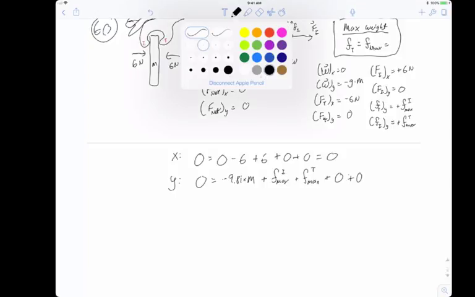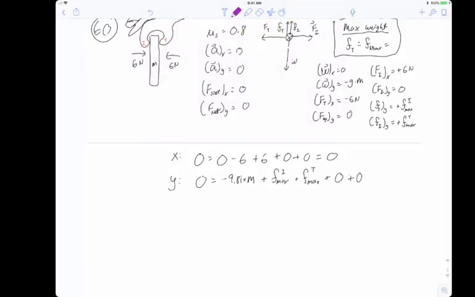Okay, so here's the fun part. The maximum amount of friction force is going to be the pressing force, which is 6, times 0.8, the static friction coefficient. It's 4.8 newtons.